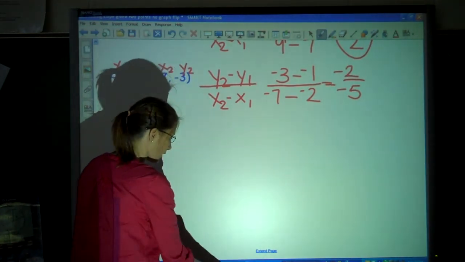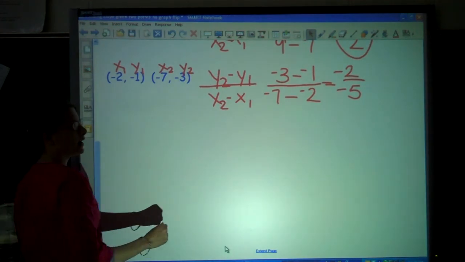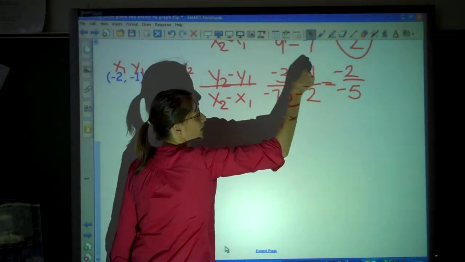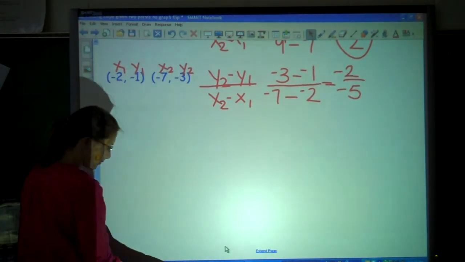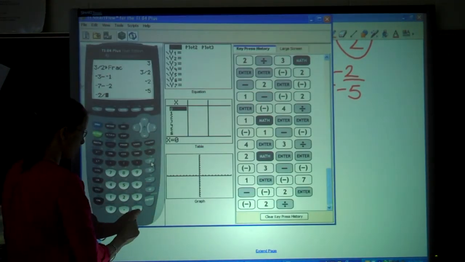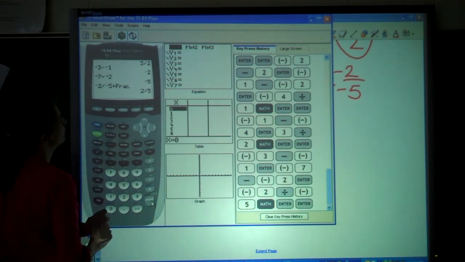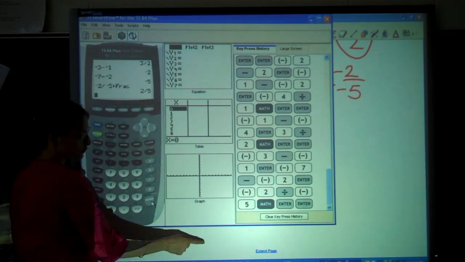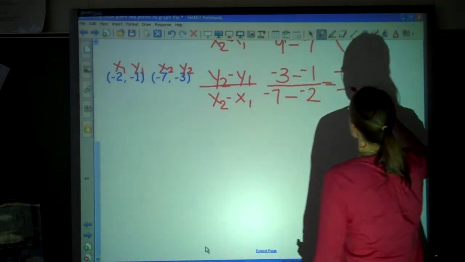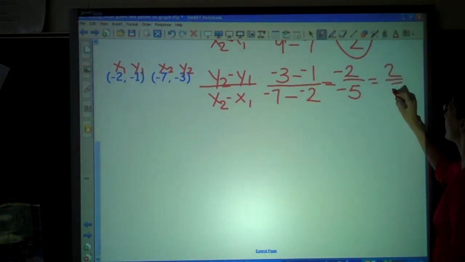So I'm going to find out when I put this in my calculator and simplify it that actually that makes it a positive. Since both of those negatives, if I pull them out, they become a positive. So let's say -2 divided by -5, math, enter, enter, and I get +2/5. So if both of these numbers are negative, then my slope becomes positive.